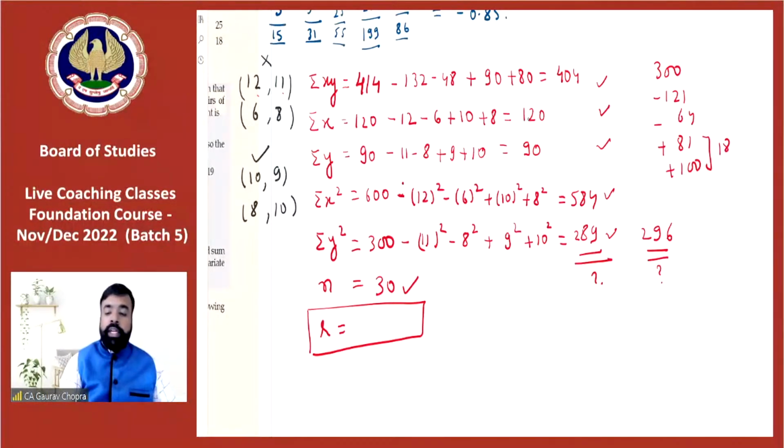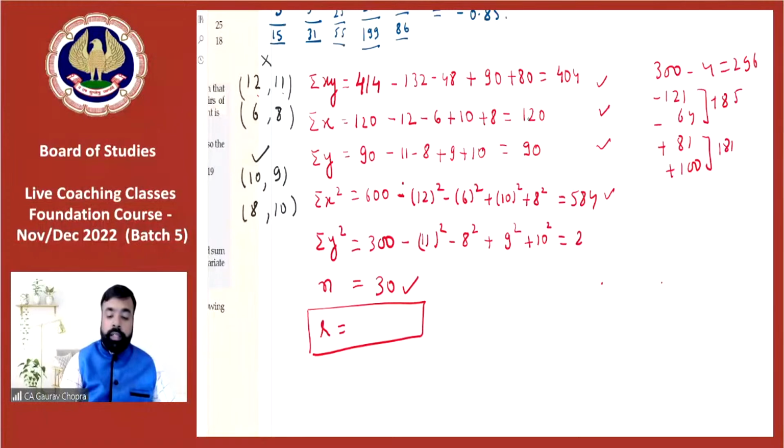So you are adding 181 and subtracting 185. So the correct will be 296. Yes, 296 will be correct instead of 289.